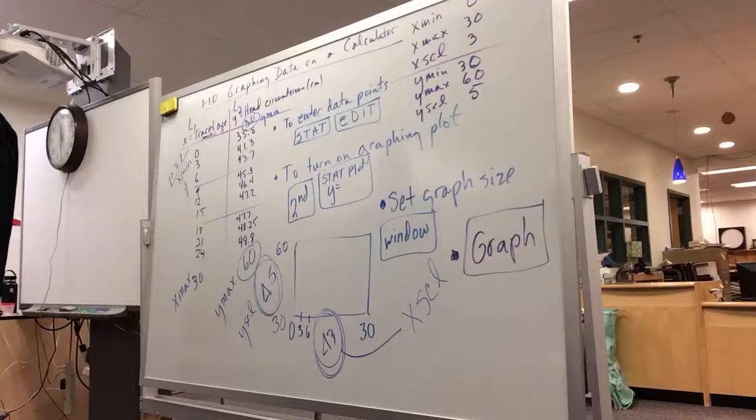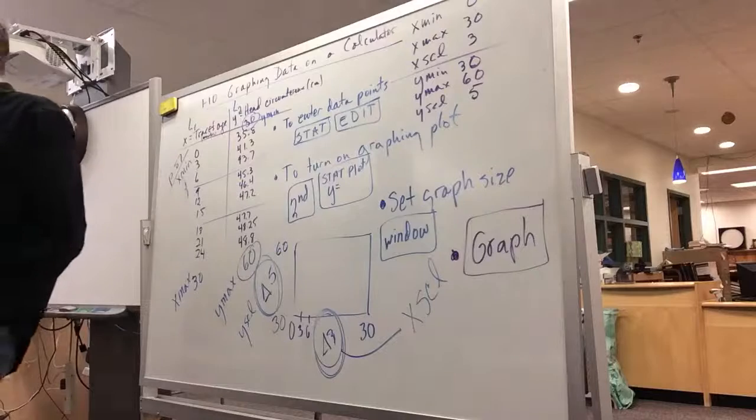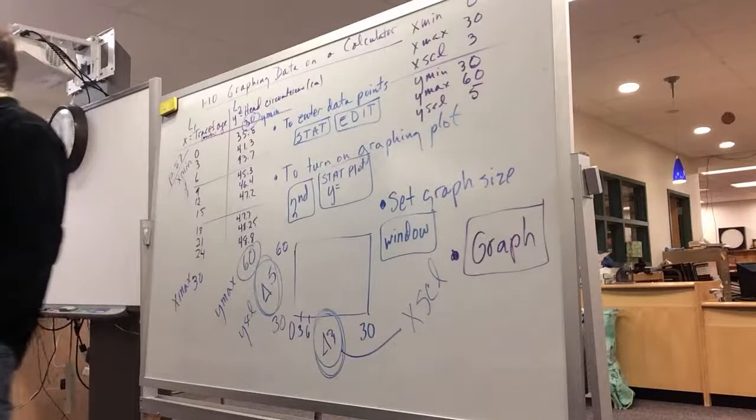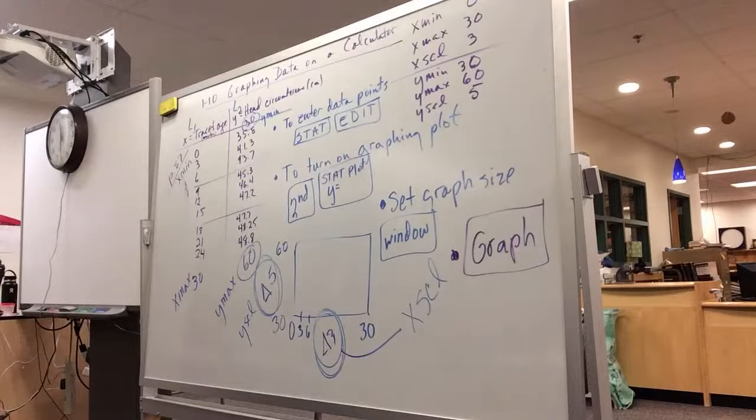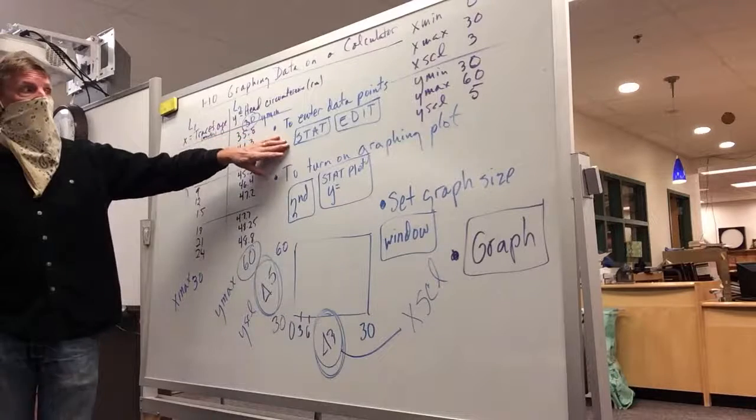Keep in mind, if you want to try to do something, and you wish to dig up how to do it on the internet, you can just Google TI-84 and any question that you can imagine this calculator doing, and there will be steps out there for you. So if all you want to do is enter data into lists, and you forget how to do it, you can Google it.